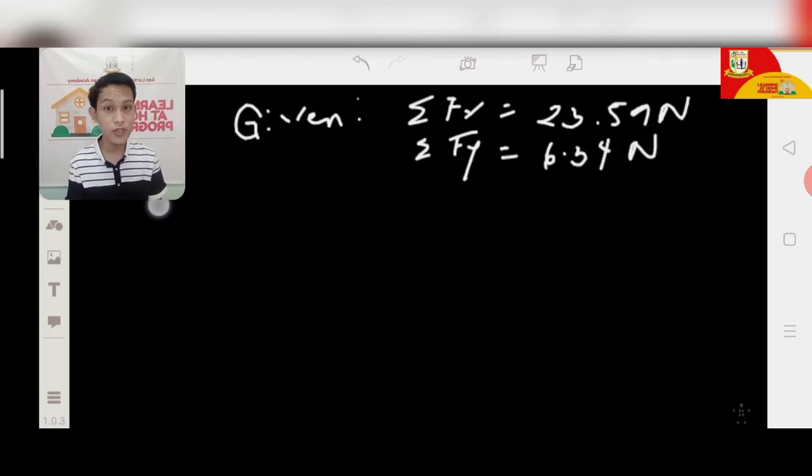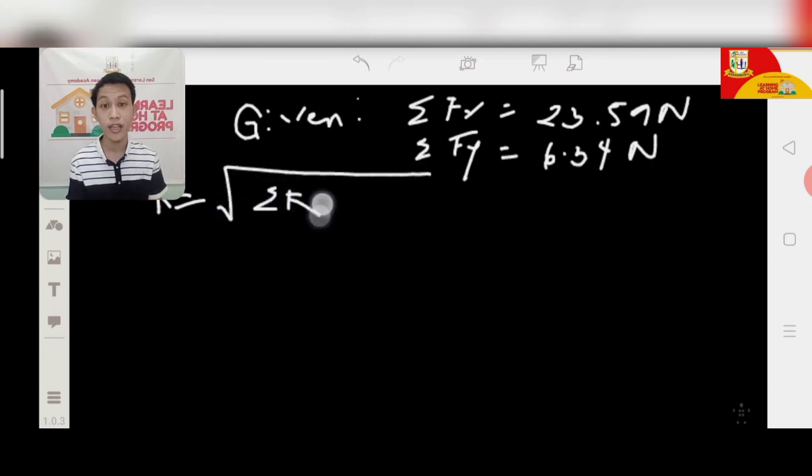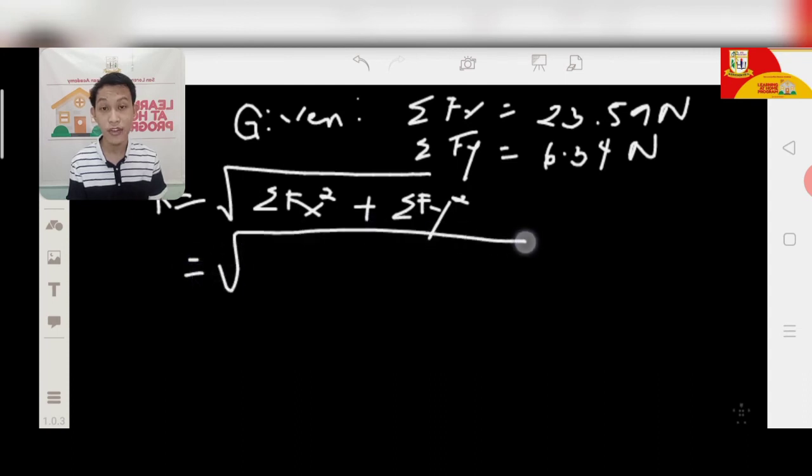We will use now the Pythagorean theorem to find the magnitude of the resultant vector. We have r is equal to the square root of summation of f of x squared plus summation of f of y squared. Substitute the given values. We have f of x as 23.59 newtons, and then we will have to get the square value.